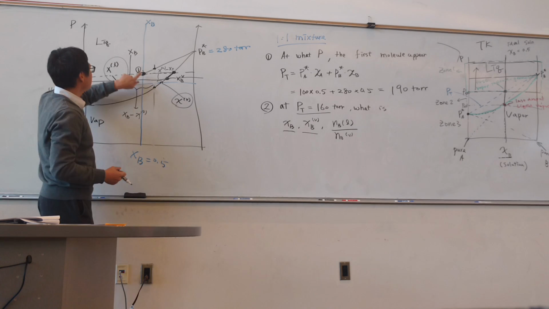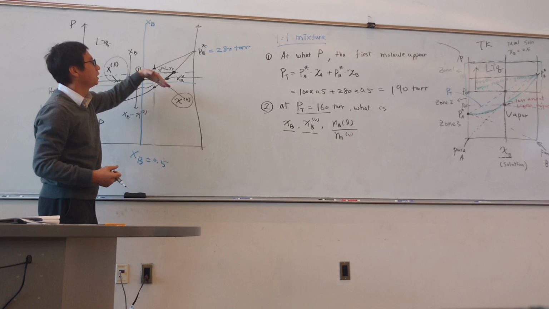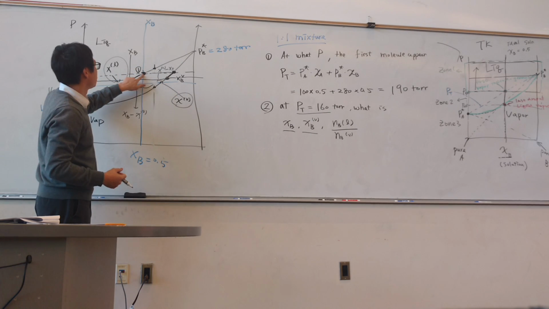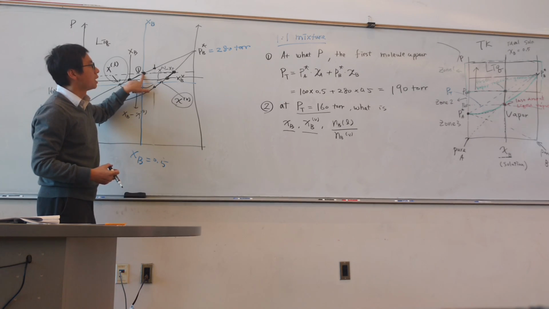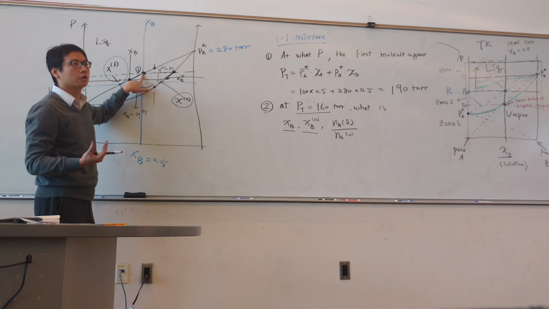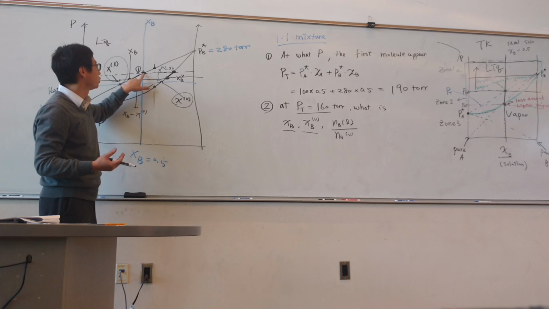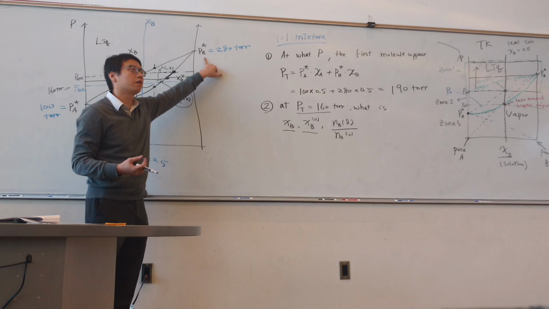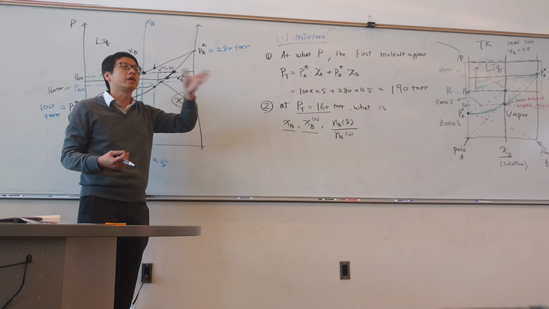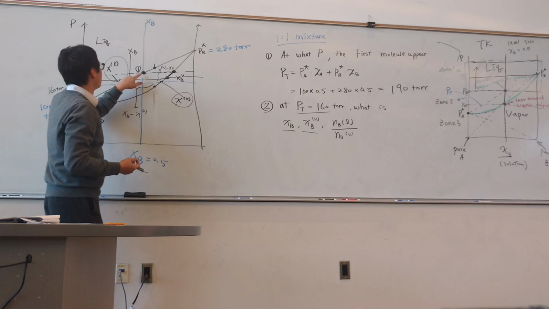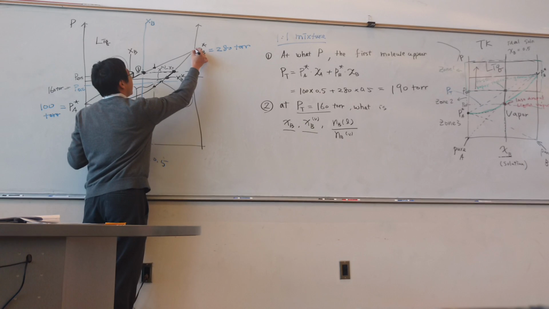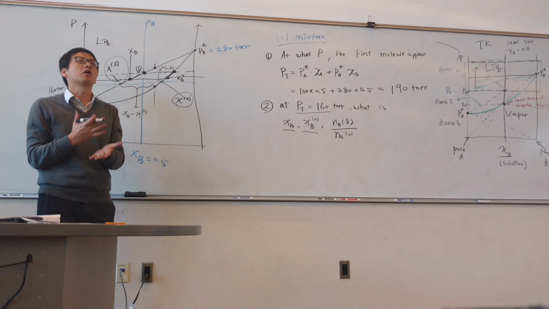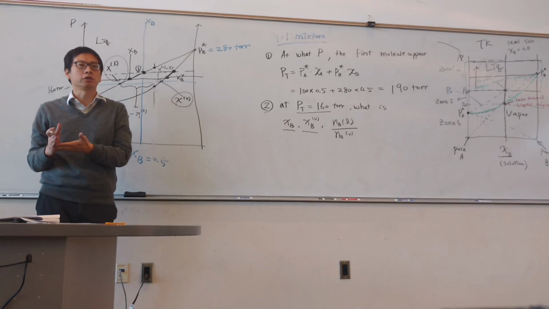So when we lower the external pressure to this point, we're going to have the first molecule evaporate, and the chances are that your B most likely has evaporated a lot more than your A. So these linear lines describe the XB, which is the chemical composition in your solution.